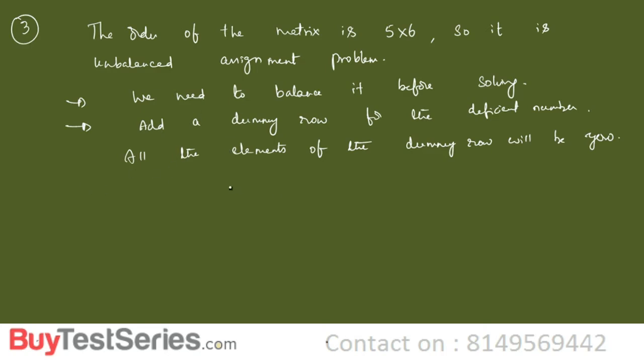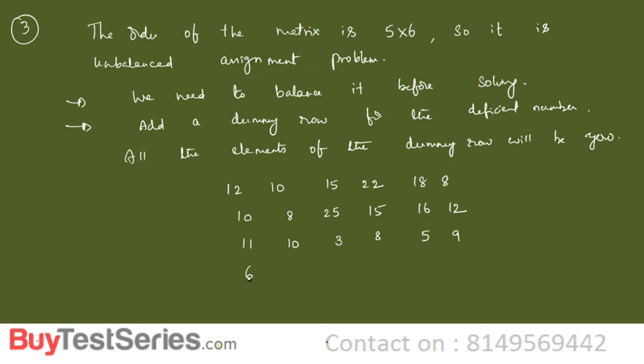So which means how will the matrix look like? Let's see here. 12, 10, 15, 22, 18, 8. Then you have 10, 8, 25, 15, 16, 12. Then we have 11, 10, 3, 8, 5, 9.